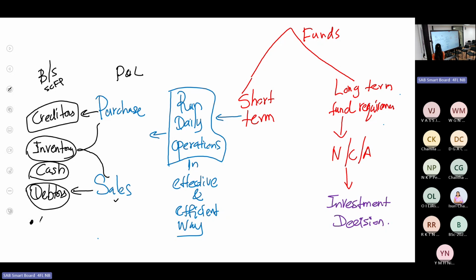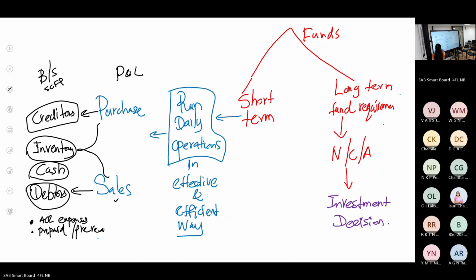For example, accrued expenses, sometimes prepaid, sometimes pre-received, short-term investment, all are coming under the current assets and current liabilities.